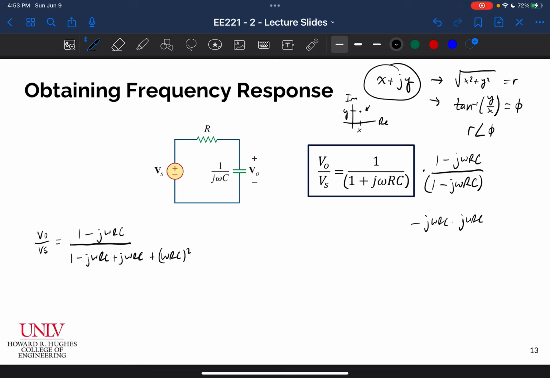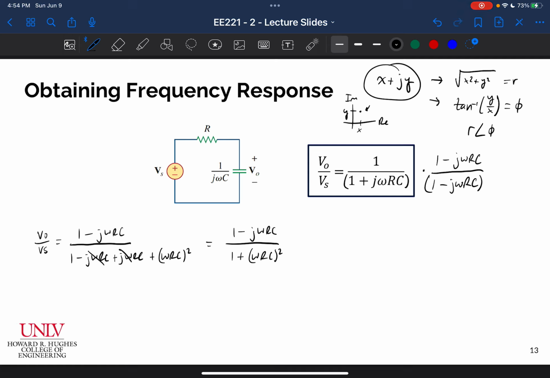The omega RCs obviously become omega RC squared, and then negative j times positive j is the same thing as negative j times j. J squared is negative 1, so this just becomes 1. Okay, so just in case that wasn't clear, I just wanted to clarify what I did there. And so, of course, these two terms are going to cancel, and I'm left with 1 minus j omega RC over 1 plus omega RC squared.